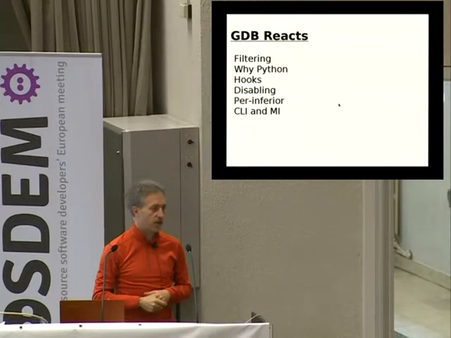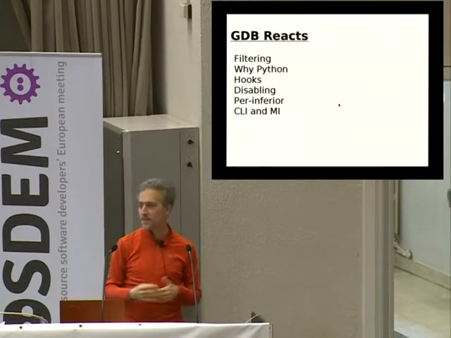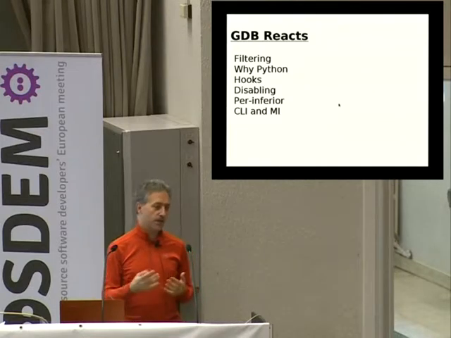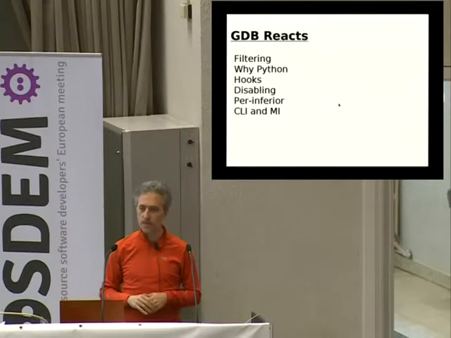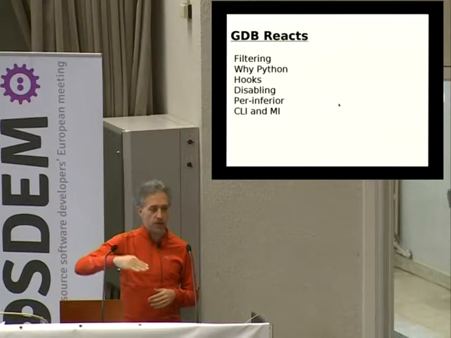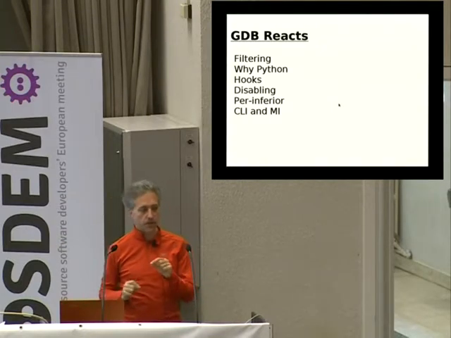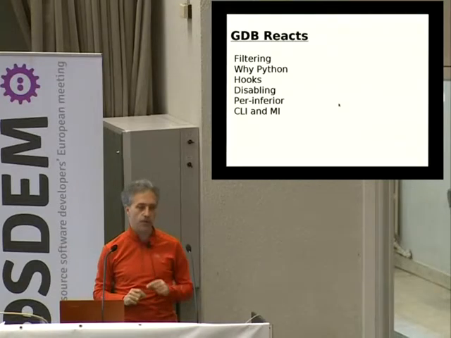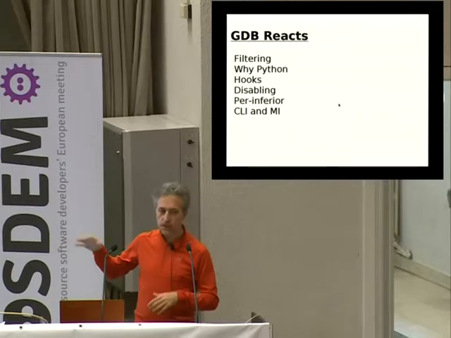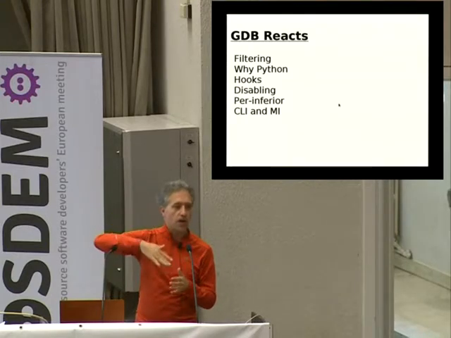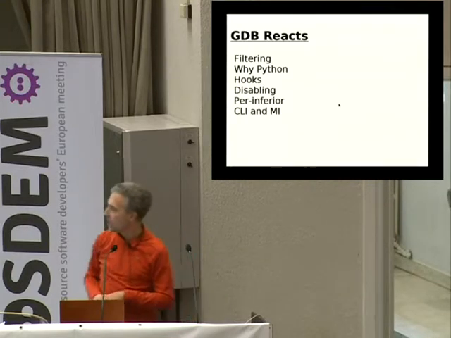All this Python code is nice, but it also can be buggy. So sometimes, if there's a bug in it, you need to be able to disable it. So everything's disableable. And then in GDB, the layers go down and down until you can step through every single instruction at the assembly level and just look at registers and ignore all the rest. So disabling supports that concept of choosing the layer at which you want to debug.